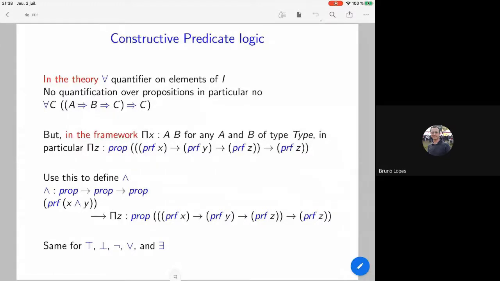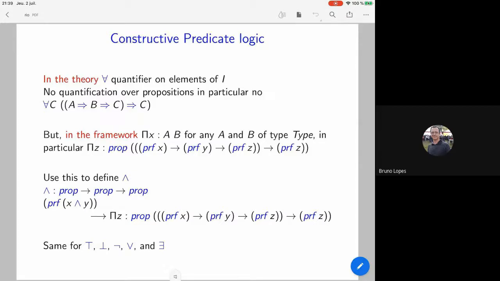And then we use this rewrite rule, saying that the proofs of x and y are exactly the elements of this type, pi z in prop, and so on. And you see that although this type a priori was not the type of the proofs of something, because we added this rewrite rule, we made it the type of proofs of something.